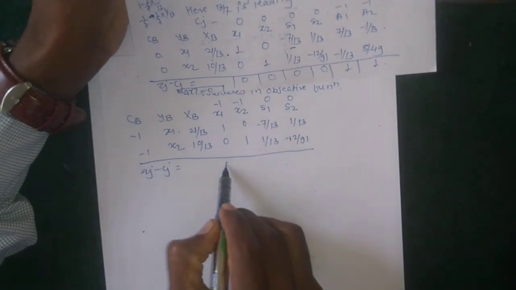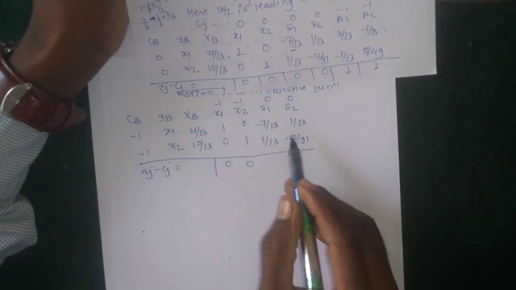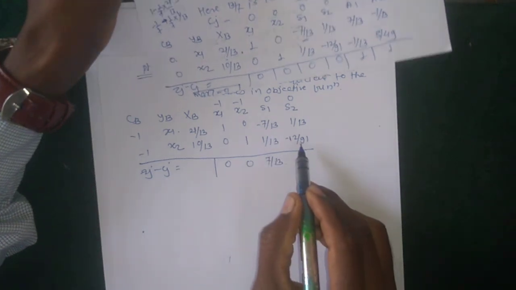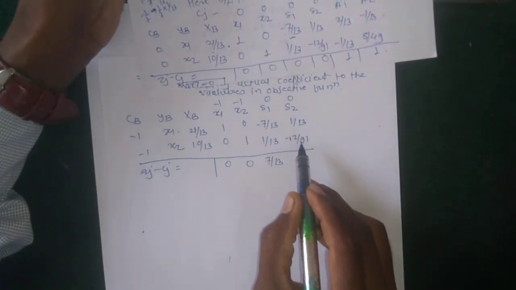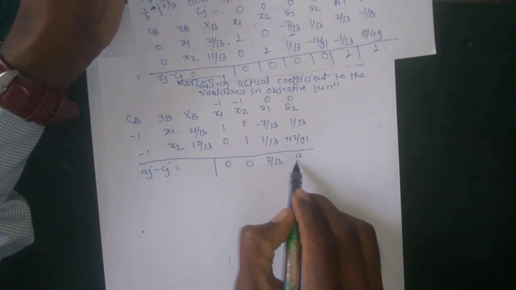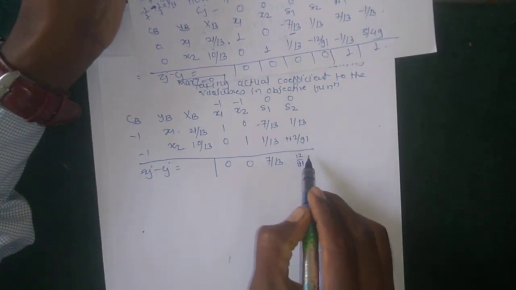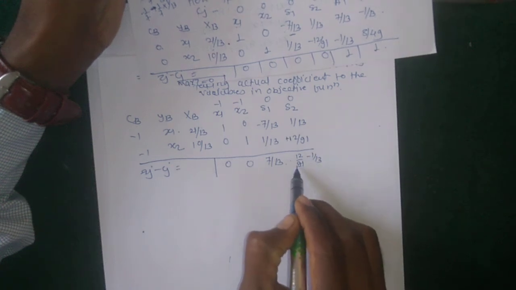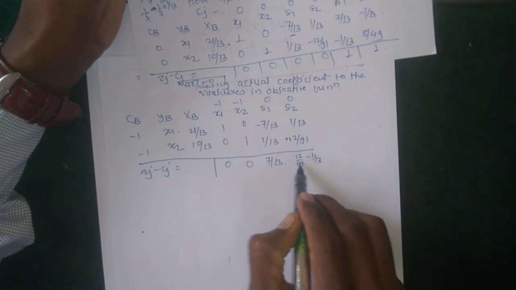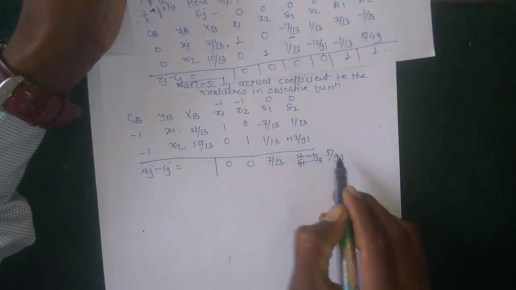Here 0, here also 0. For this minus minus plus 7 upon 13, and for here lastly minus minus plus 12 upon 91, plus 12 upon 91 minus 1 upon 13 means 12 minus 7, 5 upon 91. Okay, their value is also 5 upon 91.